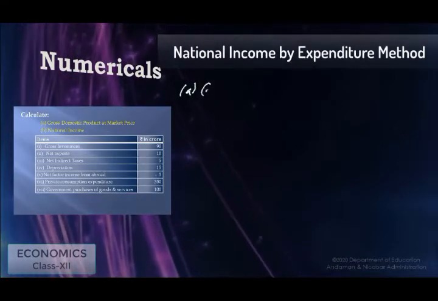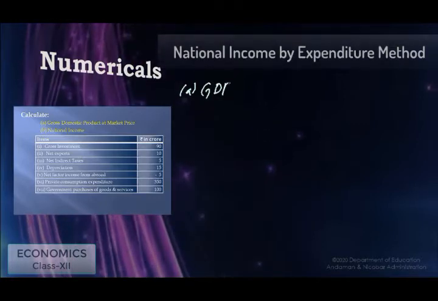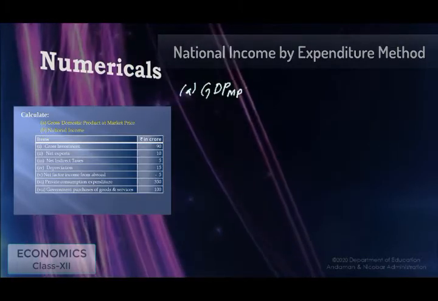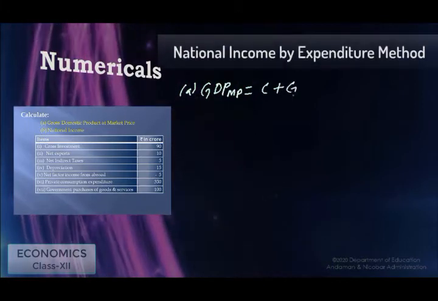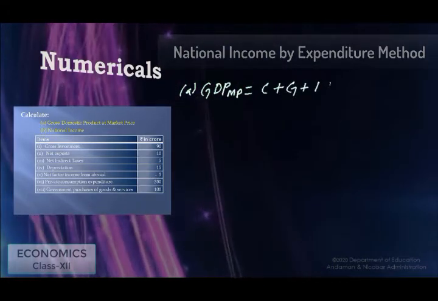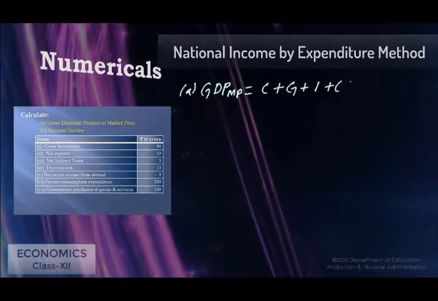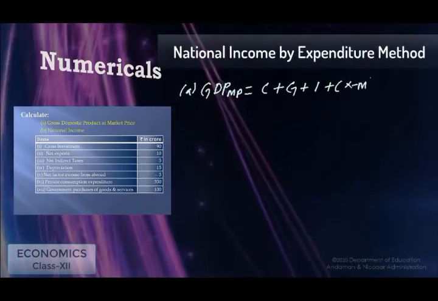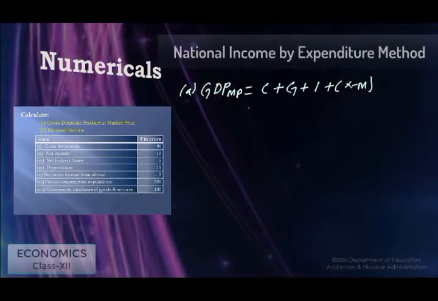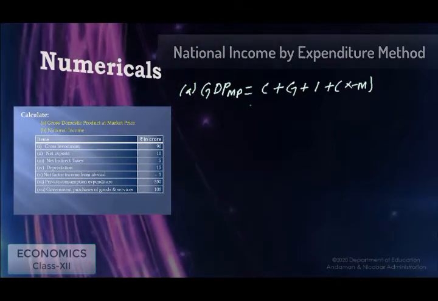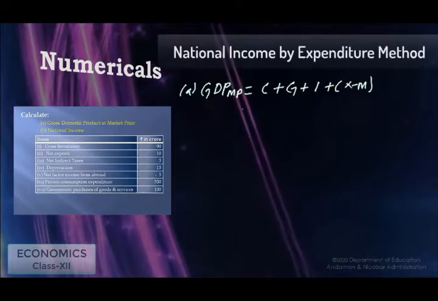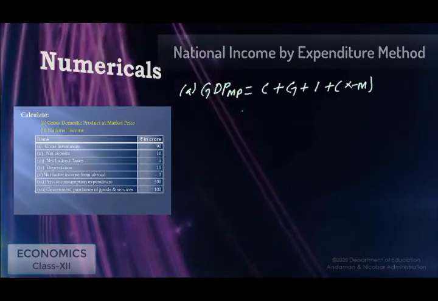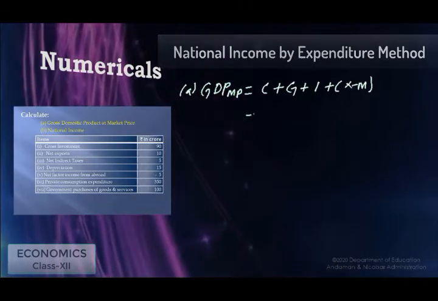GDP can be found from the expenditure method, where GDP is equal to C plus G plus I plus X minus M, that is the net export. When we add all these items together, we get the value of GDP at market price from the expenditure method. So in this question, we will find the value of GDP.